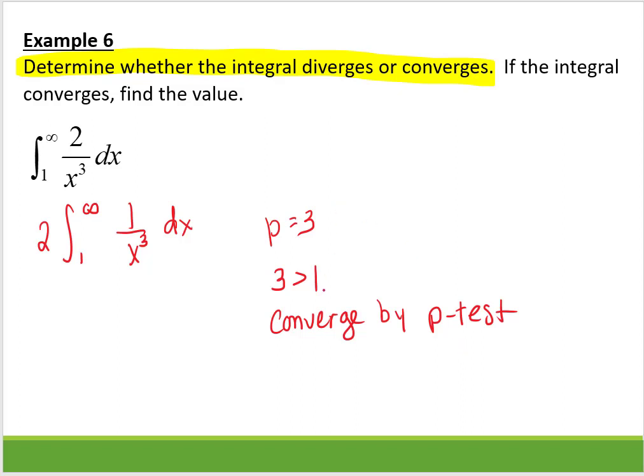State what p is, and state that we're converging. Just so you know, I encourage you to pause the video if you want to go through this. This converges to 1. Our book actually gives us a formula for this, so I encourage you to also read the book and look at the formula. It's not something you need to memorize. It's a pretty easy integral.